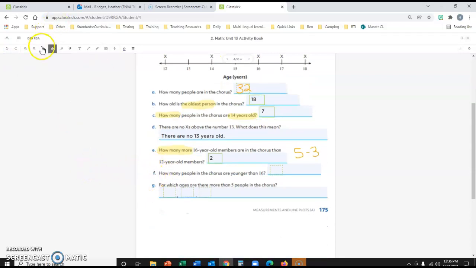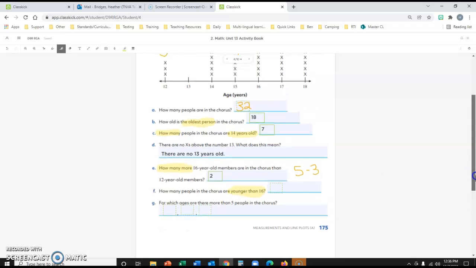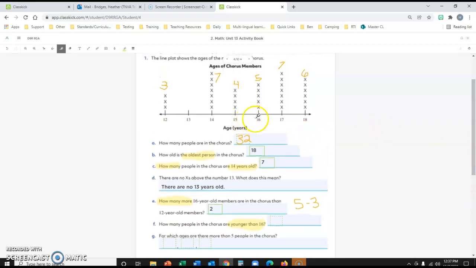F, how many people in the chorus are younger than 16? Well, I'm going to take a look, and I want them younger than 16. So I am not going to include the 16-year-olds. I'm only going to include those younger. So 15s, the 14-year-olds, the 13-year-olds, and the 12-year-olds.